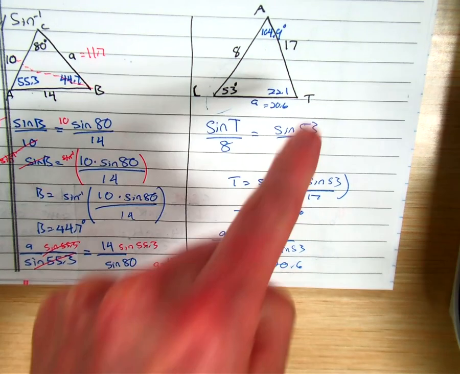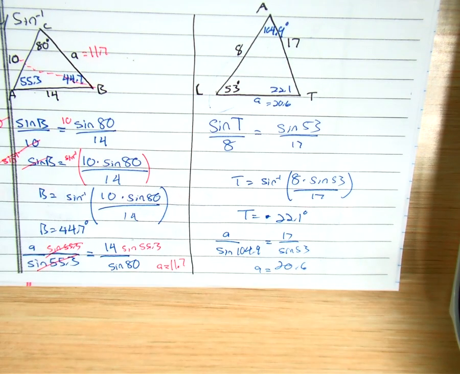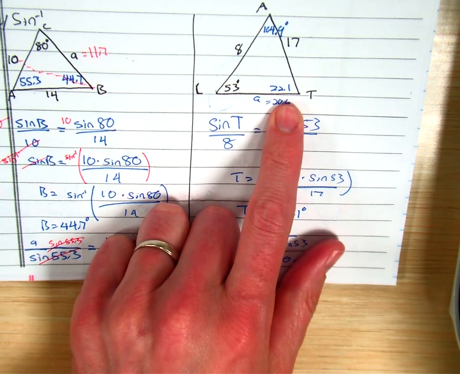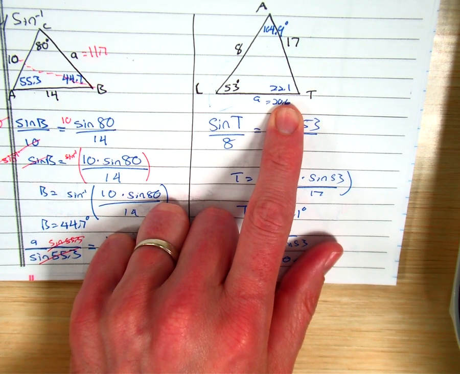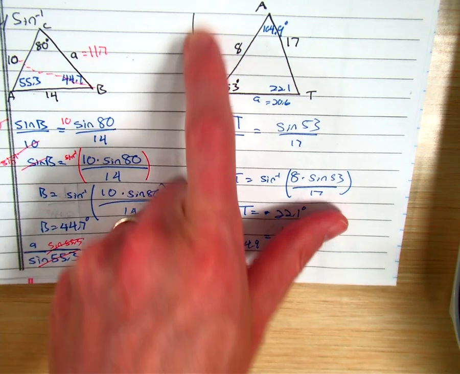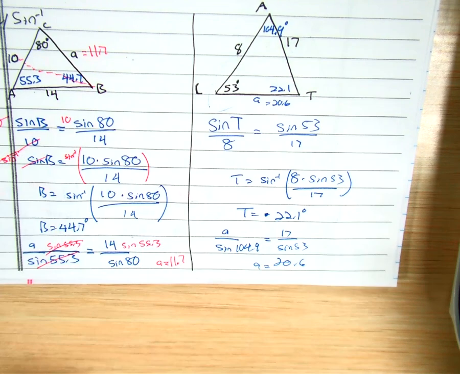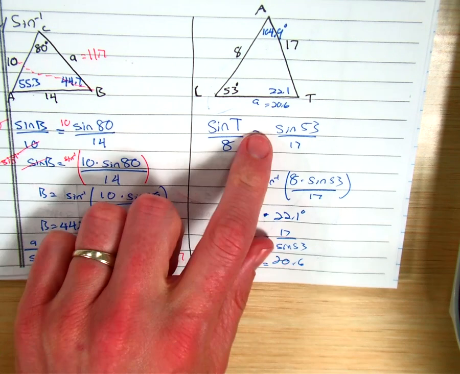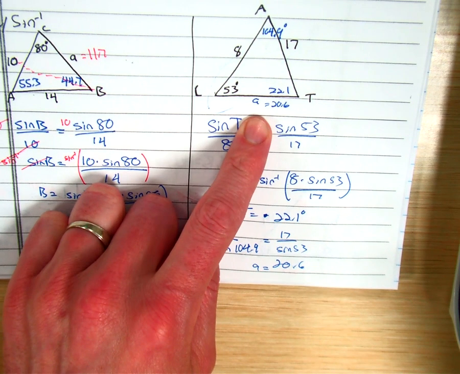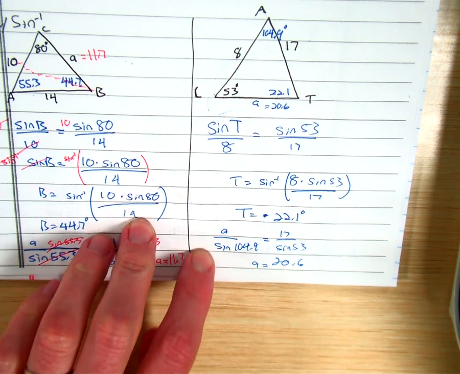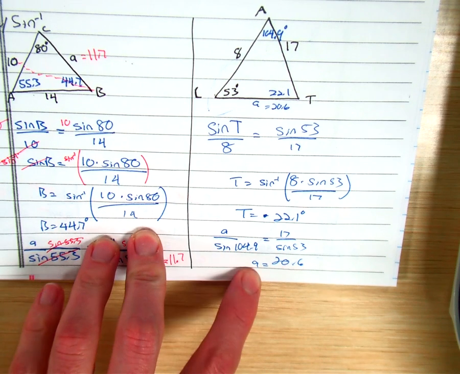We're going to multiply by 8 and then do sine inverse to get 22.1 degrees. Then we can subtract our angles from 180. That'll give us our third angle, 104.9. And then we can set up a regular one with the sides on top to get what our missing side A is.